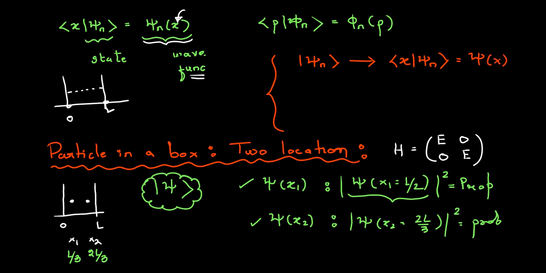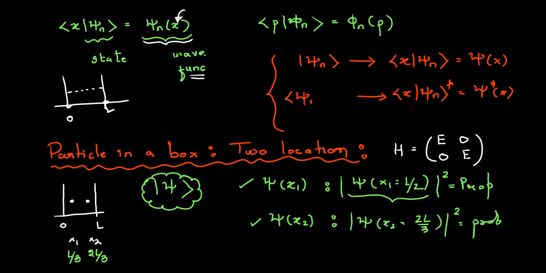Similarly, if you want psi star of x, which is the complex conjugate of psi of x, then this guy gets complex conjugated also. And basically the entire stuff comes from this guy.